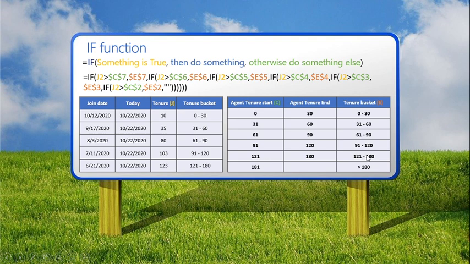It's not greater than 120, so it will move to the next nested statement, and again to the next, until it reaches this E2, which is C2. 10 is greater than 0, so in this case it will give me 0 to 30. So for calculating the bucket for a tenuity of 10, it passed through 5 nested IF statements.